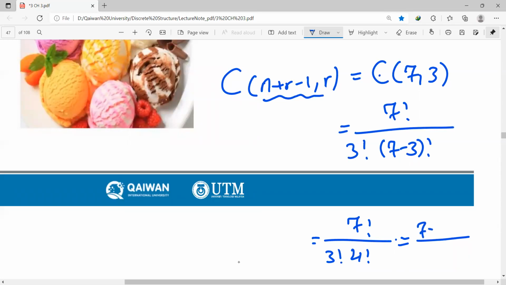That means 7 times 6 times 5 times 4 factorial, divided by 4 factorial times 3 factorial. The 4 factorials cancel out. In the denominator, 3 factorial is 3 times 2 times 1, which is 6. These cancel out, and you get 7 times 5, which is 35.